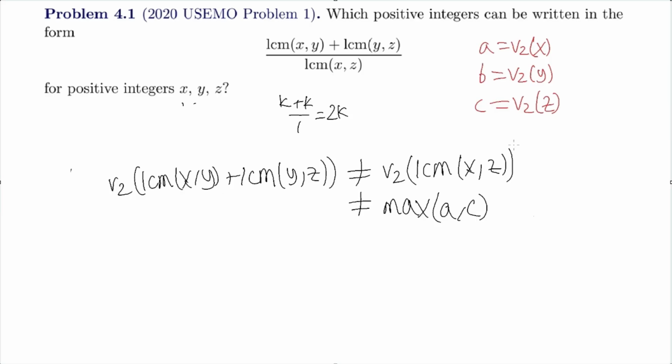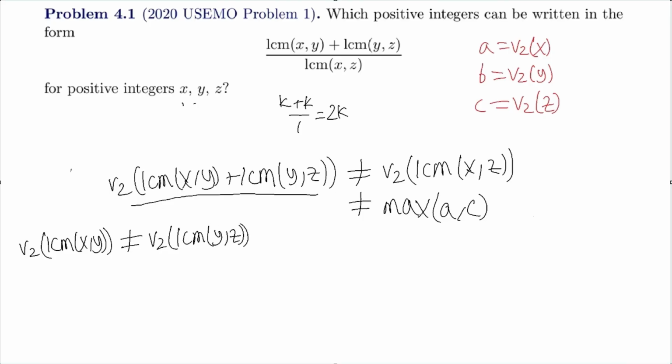So what can go wrong here? Well, we want to somehow use our nu2 addition property, the one I discussed earlier. However, there's a catch we have to consider, and it is that nu2 of LCM xy is not equal to nu2 of LCM yz, as otherwise the addition formula is not true. So let's go ahead and assume that this is the case for now.